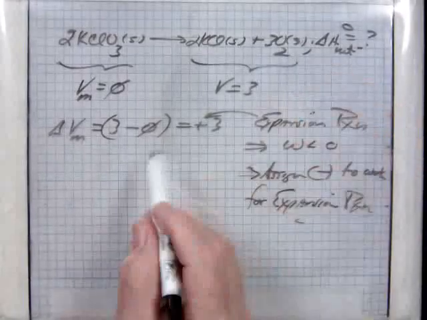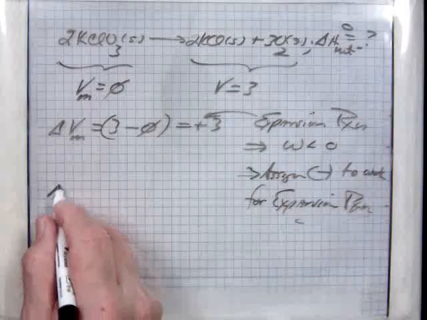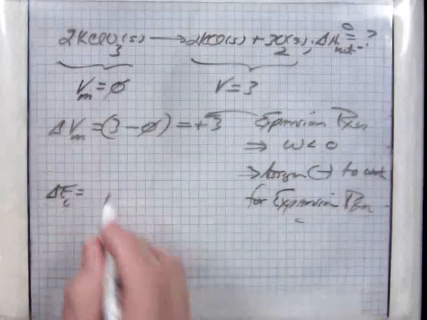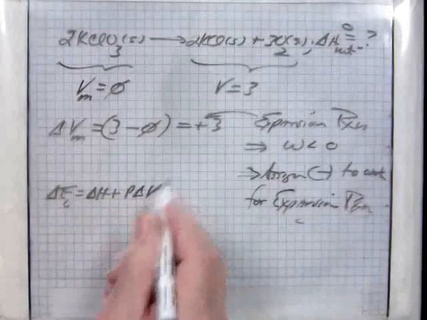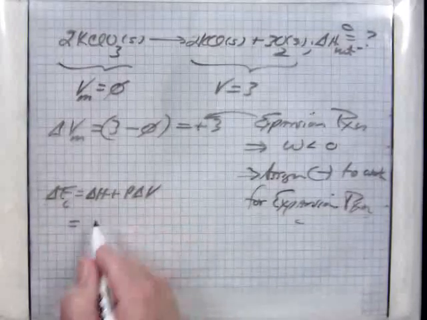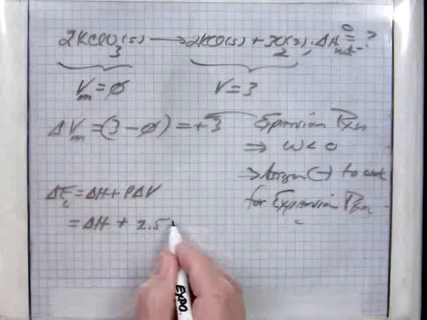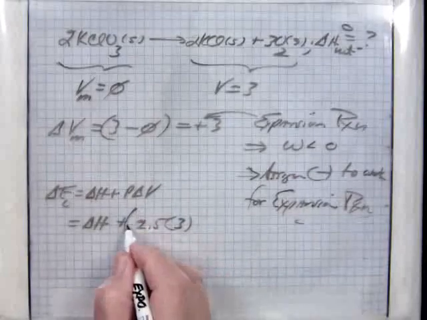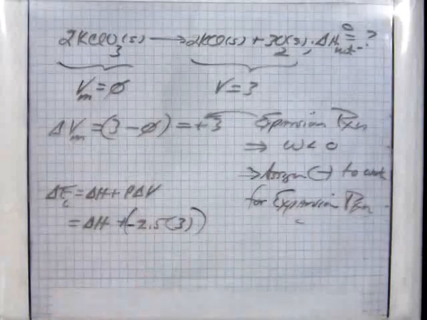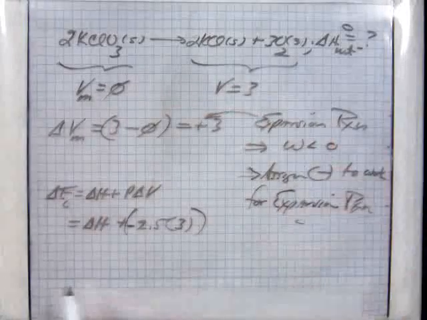And so this would translate to delta E equal to delta H plus P delta V, that's the heat of reaction, and we haven't figured that yet, plus 2.5 times 3, and inside here we'd have to put a negative, and then calculate your delta H using Hess's law of this.